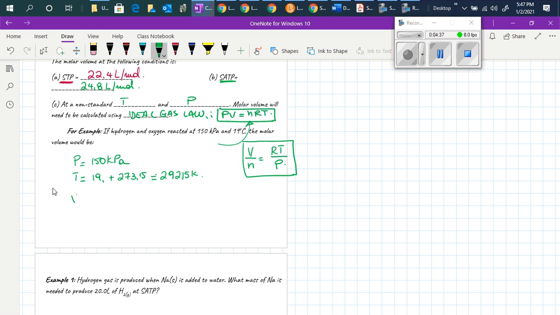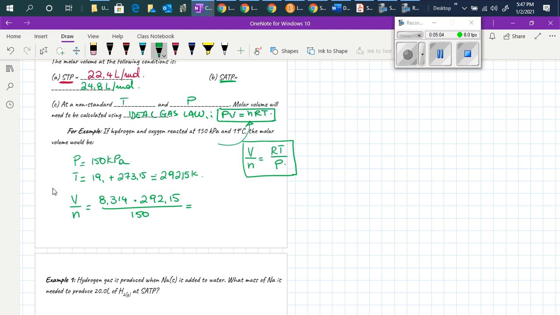So now V over n will be R, that is 8.314, with the units kPa, you know the units, times 292.15 over 150.